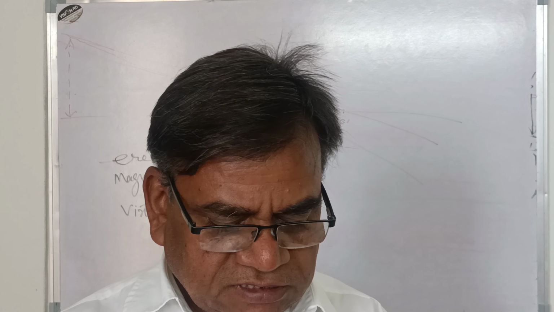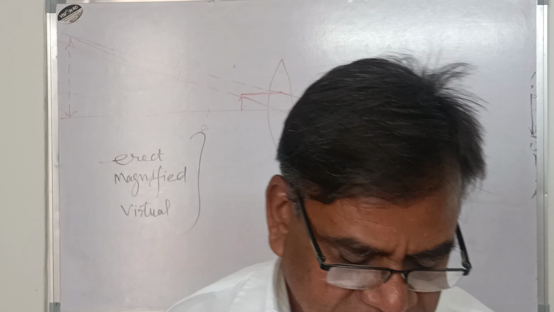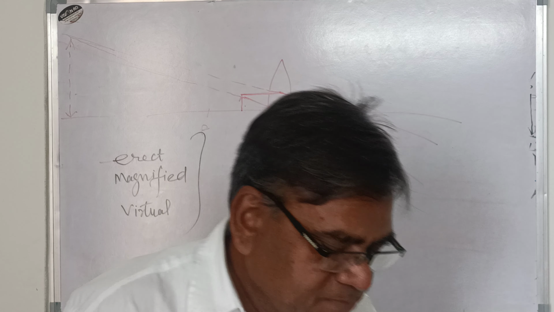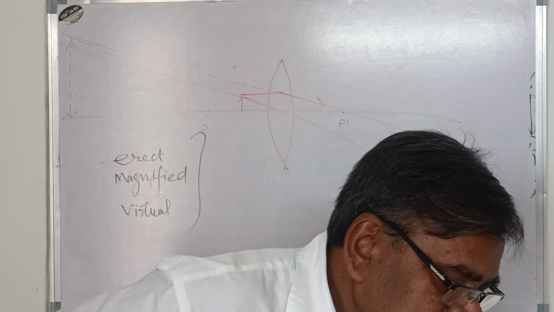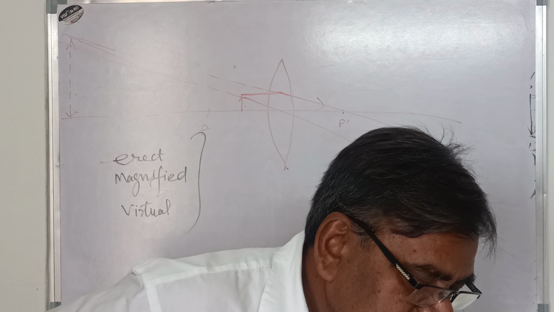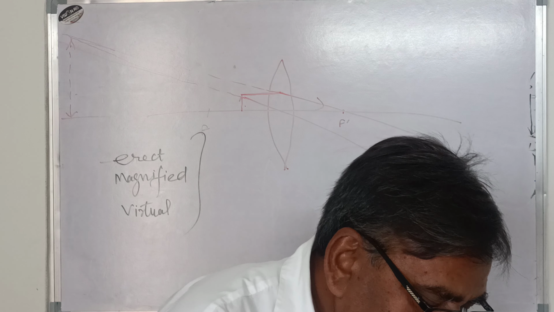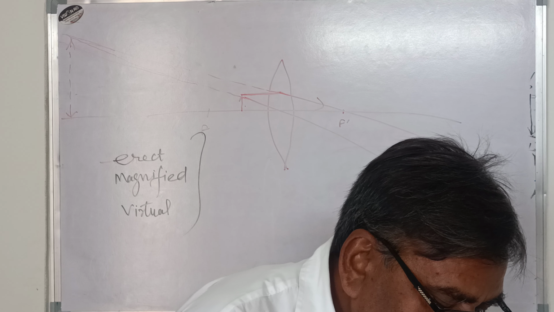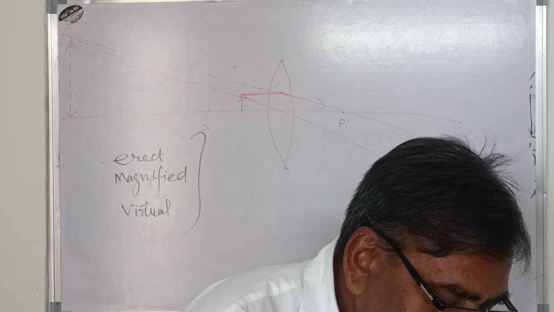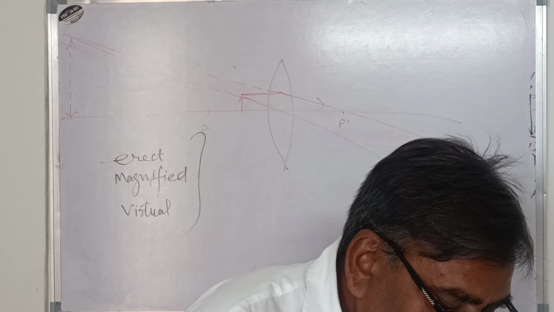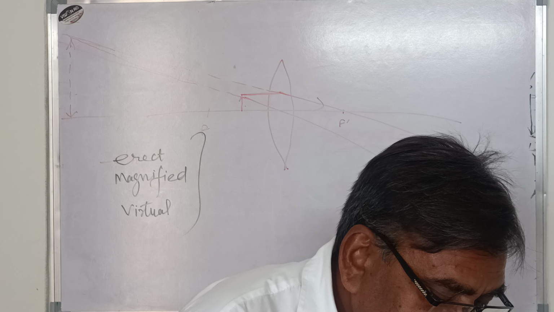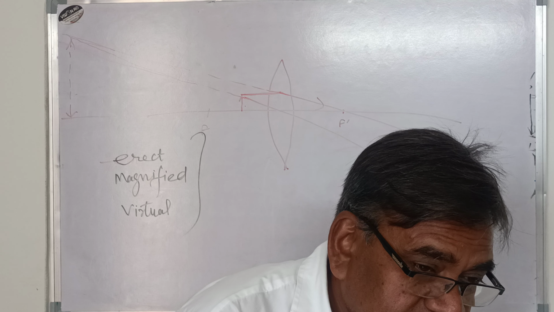Inverted, diminished image. Same is the case. Convex lens, when the object is put beyond 2F, the image will be between F and 2F, and this will be smaller and behind the lens, diminished and inverted. Next case, an erect diminished image.